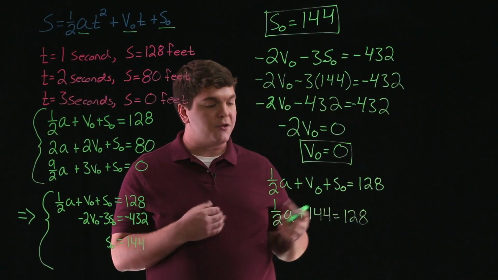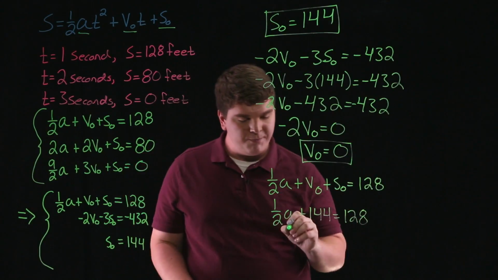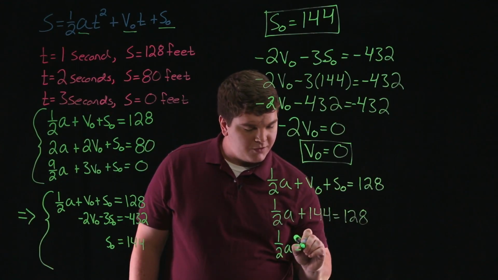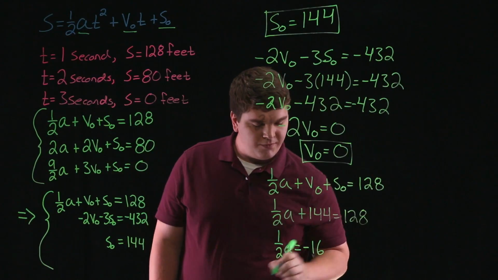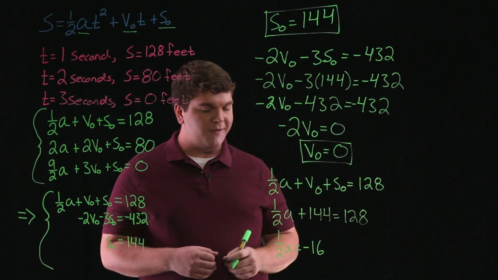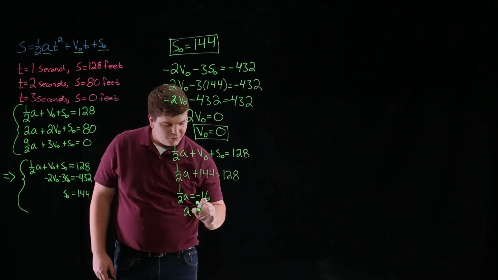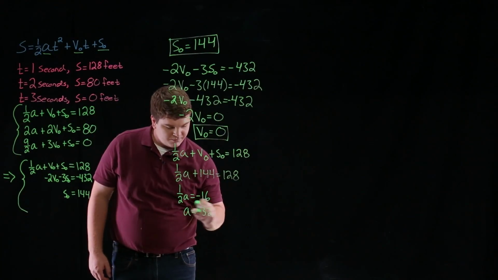Here we can subtract 144 from both sides of the equation, and we obtain 1/2 A is equal to negative 16. And then by multiplying both sides of the equation by 2, we find that A is equal to negative 32.